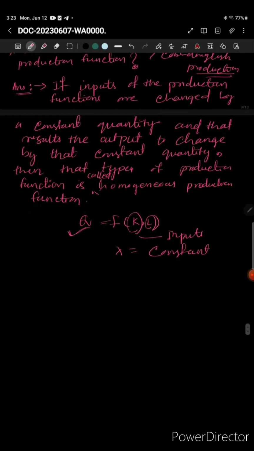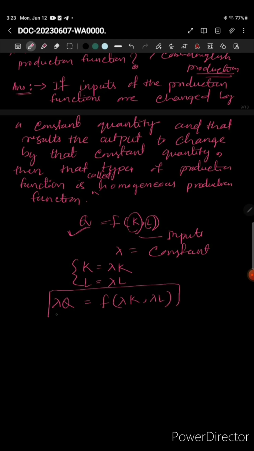We increase K to lambda times, that is lambda K, and L to lambda times, that is lambda L. If as a result the new output rises lambda times, then we can say this is a homogeneous production function.